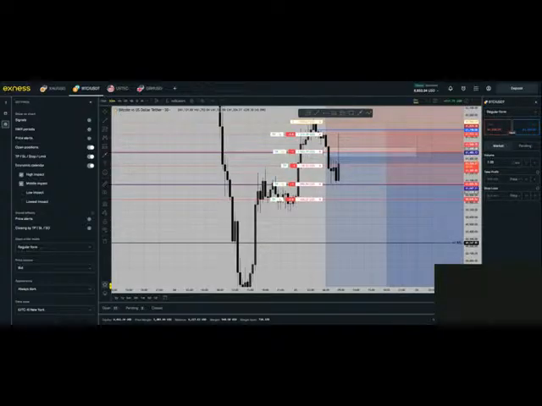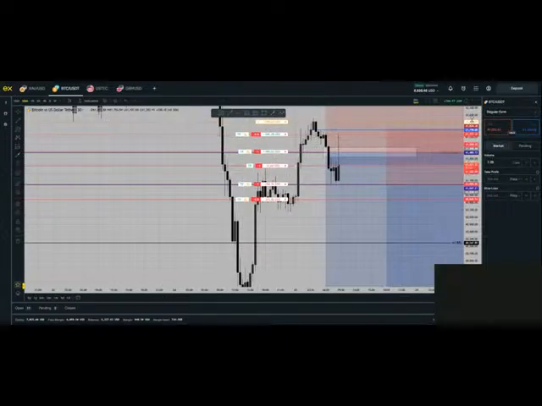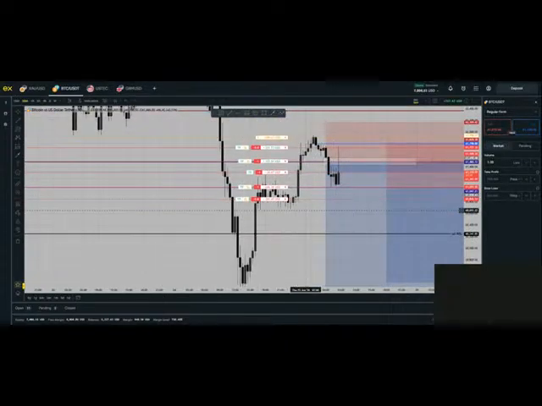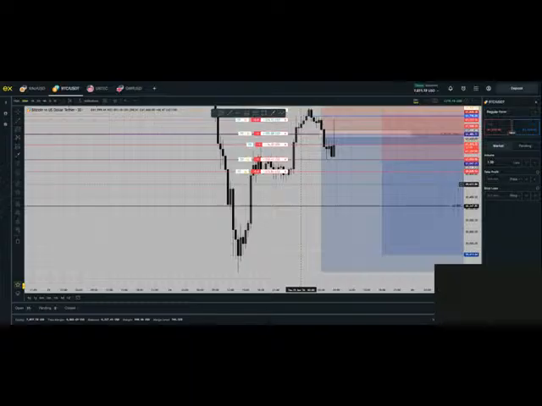So hopefully we are not stopped out, because I'm over leveraged on this trade, on my challenge side of it. Let me see if we're still in.